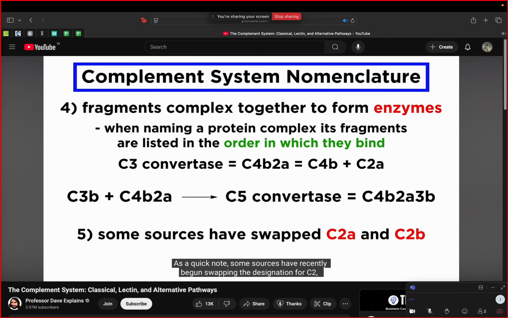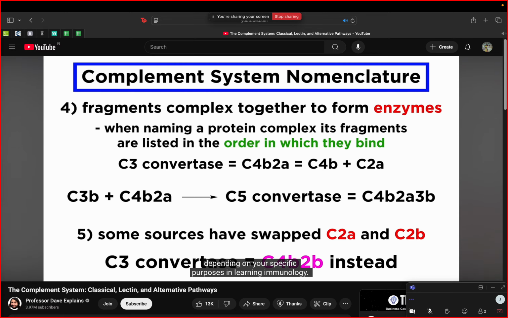As a quick note, some sources have recently begun swapping the designation for C2 so that the C2a and C2b fragments match the rest of the system, which would make the C3 convertase C4b2b instead. But this convention, as logical as it may be, does not seem to have been officially adopted, so it may be important to be aware of this inconsistency within the field, depending on your specific purposes in learning immunology.